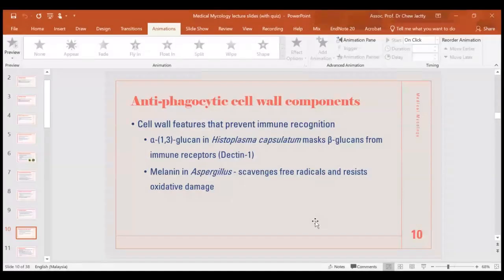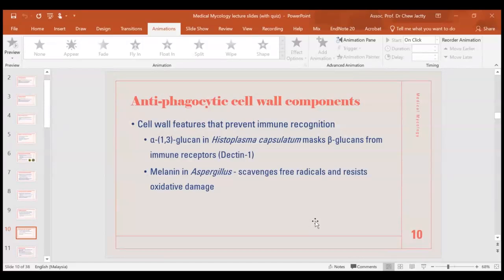dectin, the receptors. And apart from that, melanin, remember last week we talked about melanin in some of the fungal species. They produce brown and black pigmentation in the fungus. Melanin actually can help to scavenge free radicals and also resist oxidative damage when Aspergillus is being targeted by phagocytes.